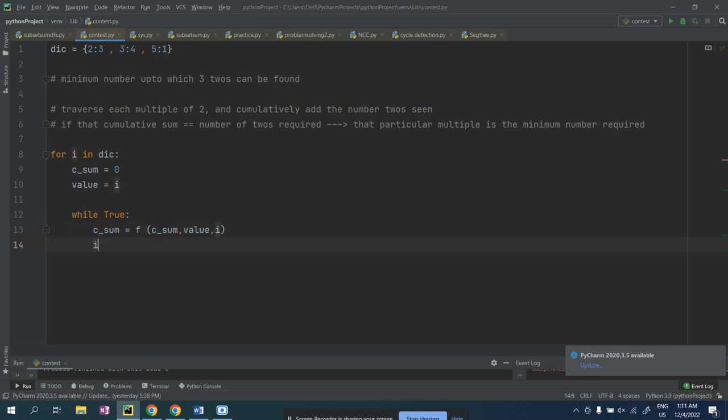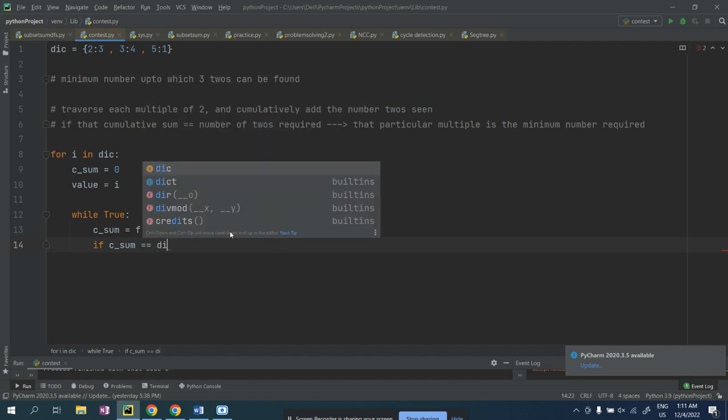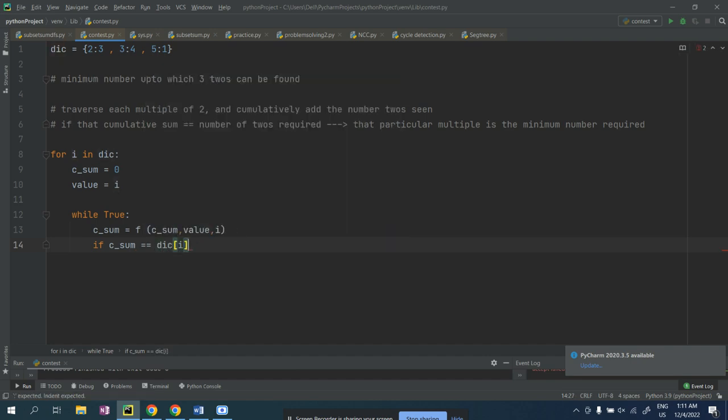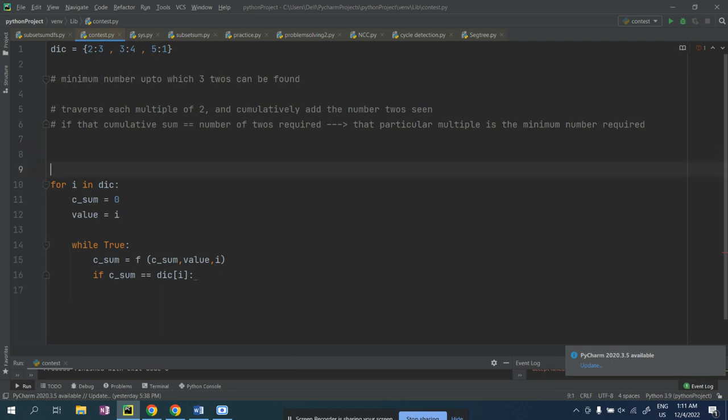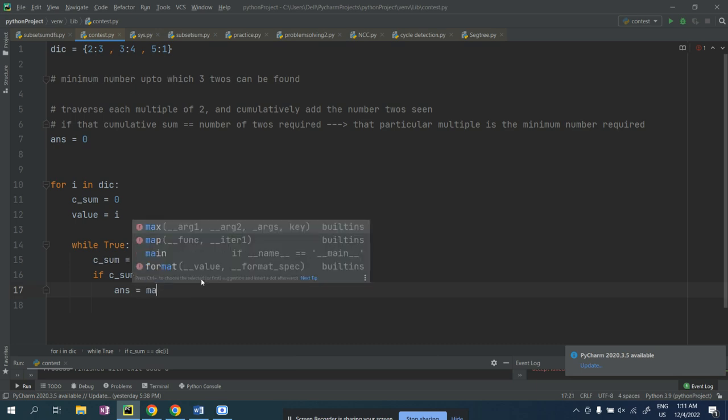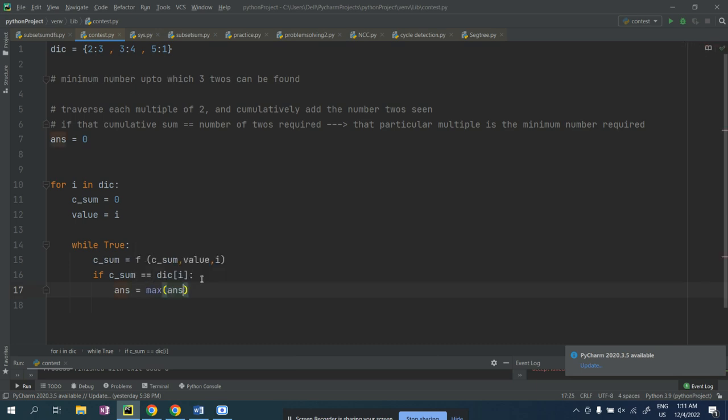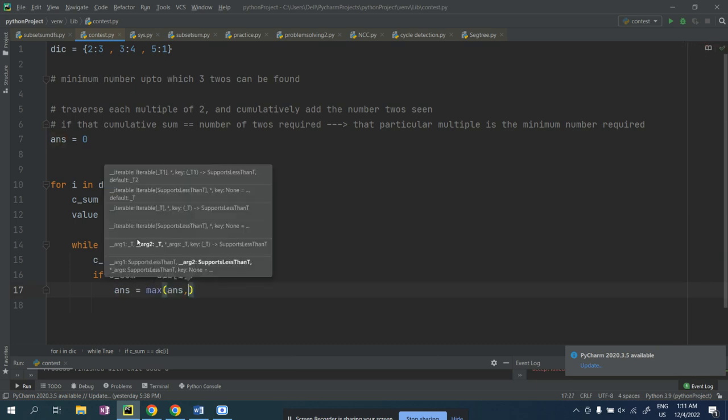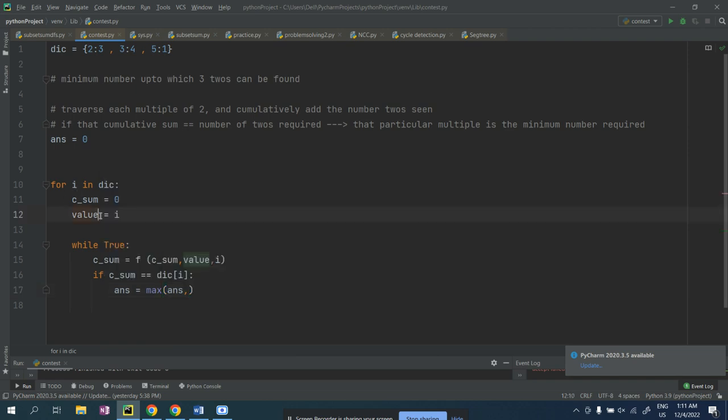So if our C sum is equal to dec of i, let's declare a variable here, answer is equal to 0. If our cumulative sum equals dec of i, then our answer is equal to max of answer, comma, that particular value. Let's call this multiple.